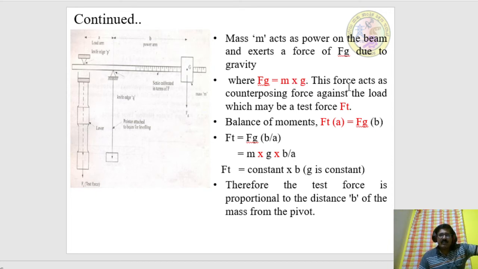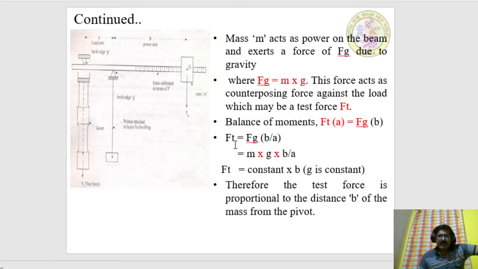This force acts as a counterposing force against the load, which may be a test force Ft, and to balance the moments, Ft into A is equal to Fg into B. This is the Ft and this is Fg here. This is the test force and this is Fg.